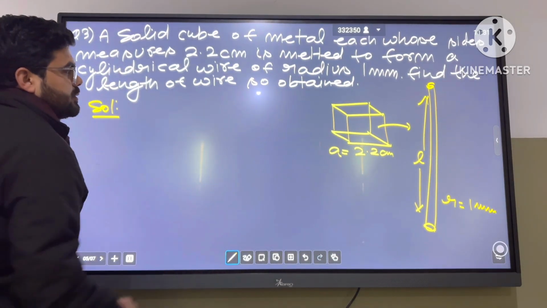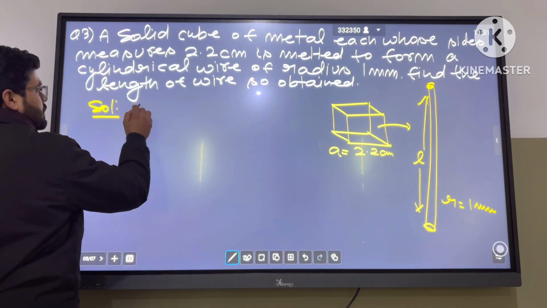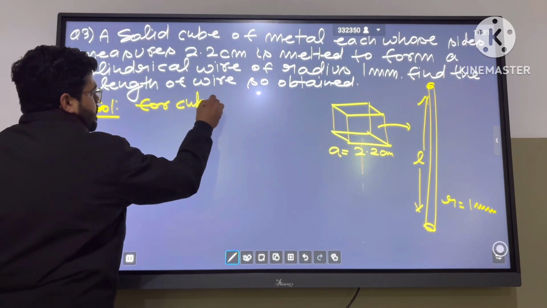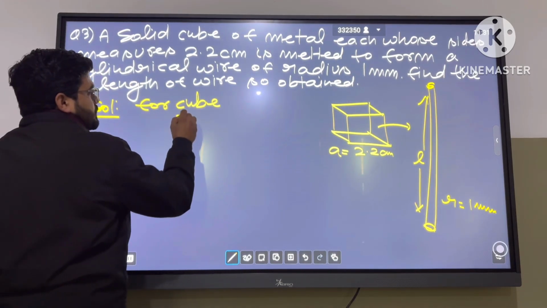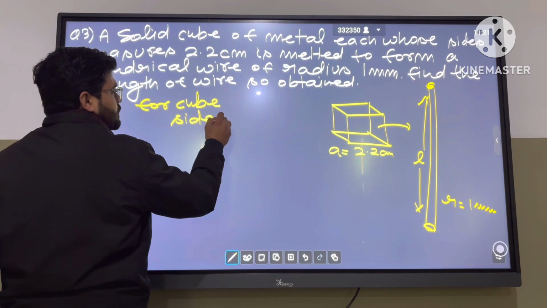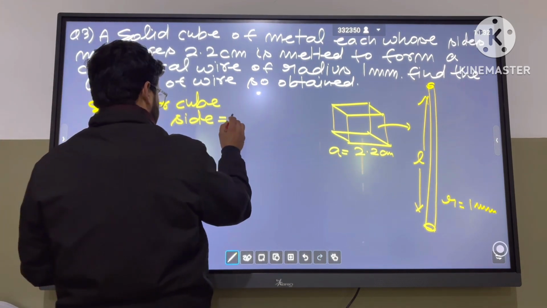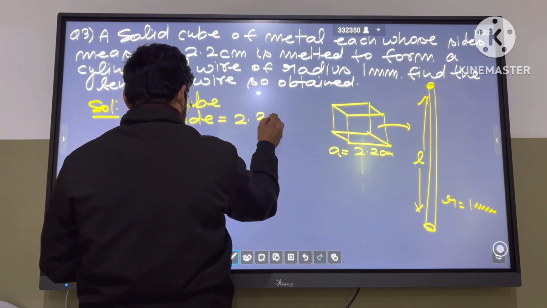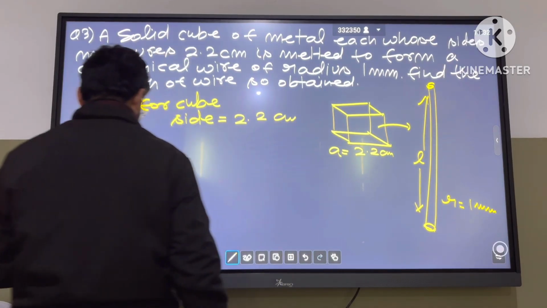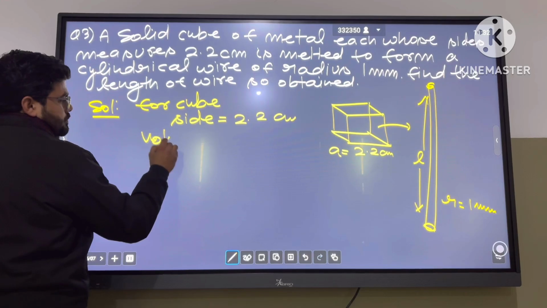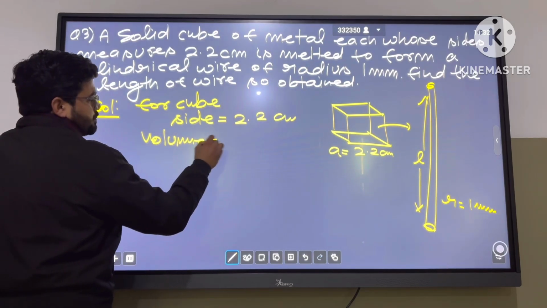So dear students, we have given for the cube, side is equal to 2.2 centimeter. So what is the volume? Find the volume.